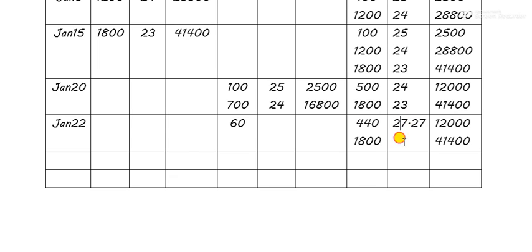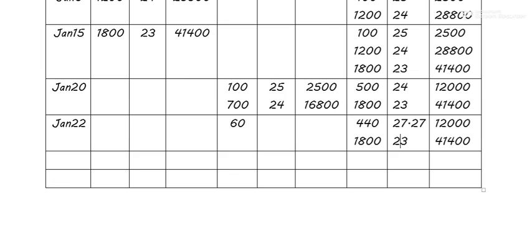The other remains 23. So in case of normal loss, this is what you have to do: record the number of units, deduct the units from the stock, write the amount, then calculate the rate. Why are we calculating the rate afterwards? Because on the next date when we issue the units, we will use this rate.